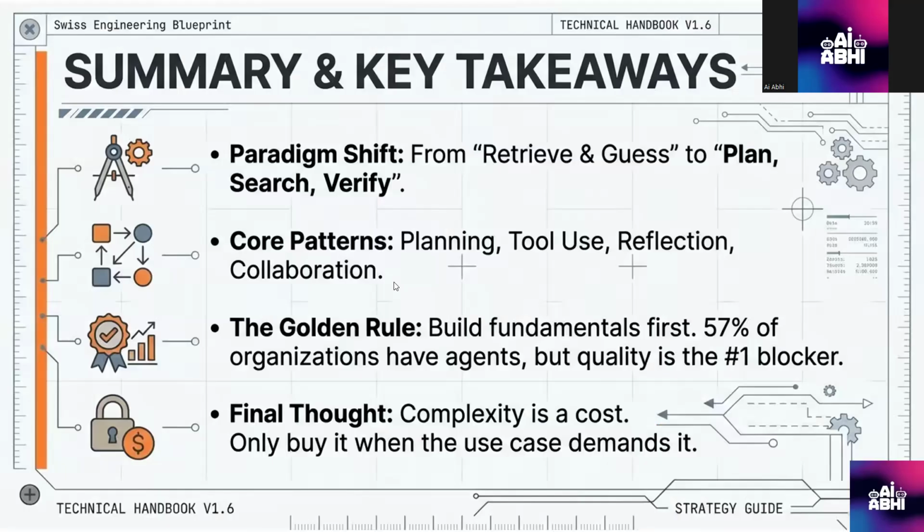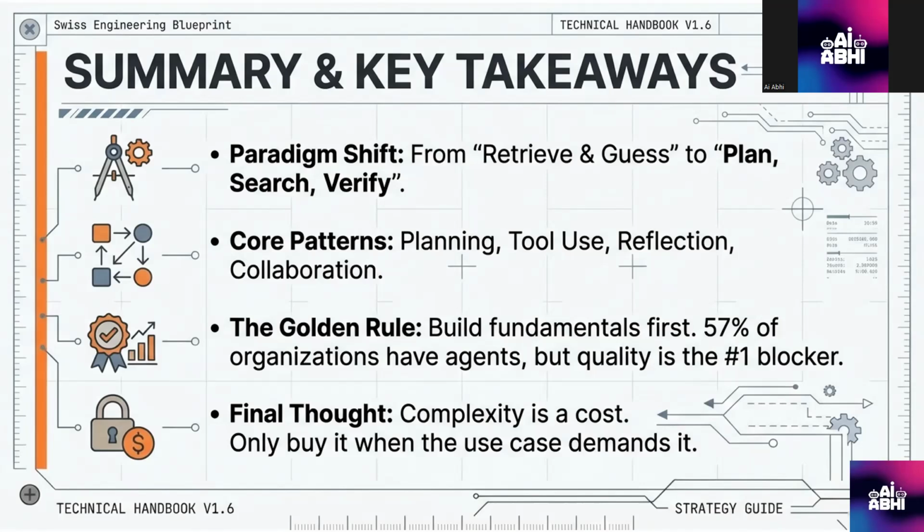So moving on to the next slide. Let's wrap up with the key takeaways. Agentic RAG puts an AI agent in control of the retrieval process instead of searching once and hoping for the best. It plans, retrieves, reflects, and iterates until the answer is solid. There are 4 core patterns: planning, tool use, reflection, and multi-agent collaboration.